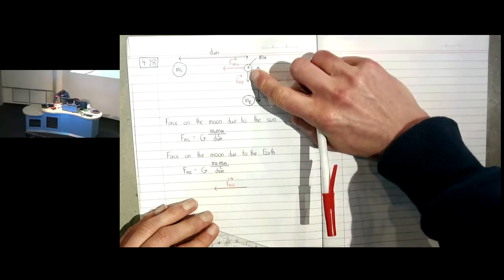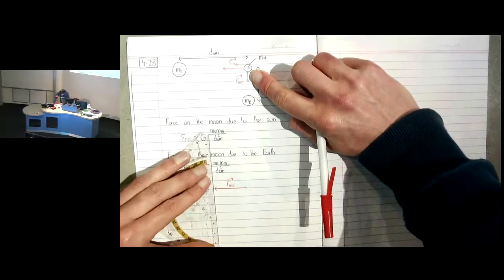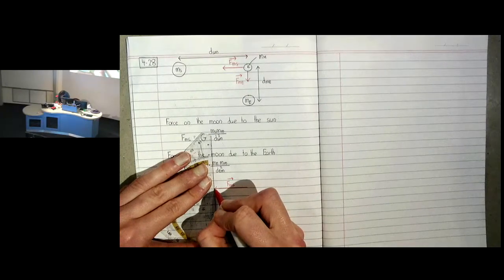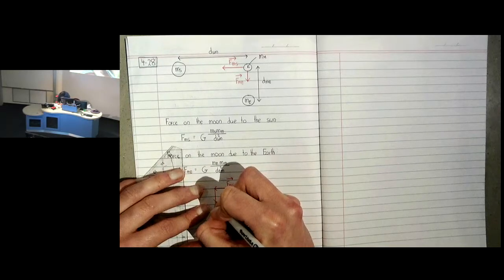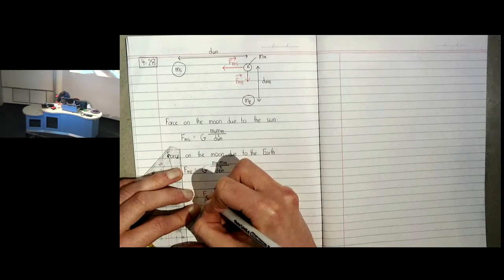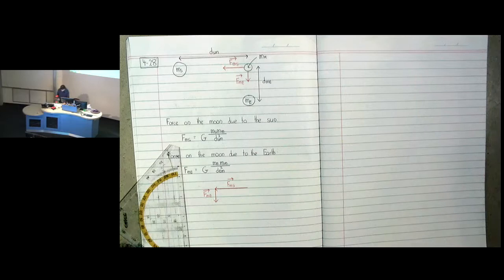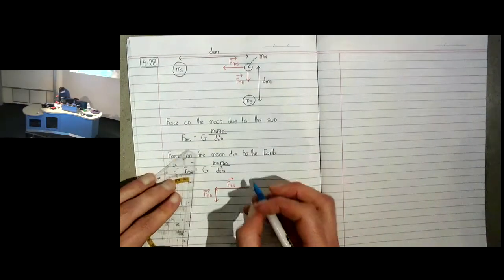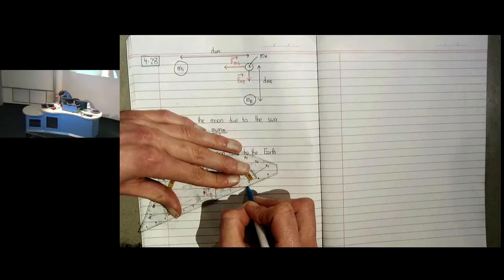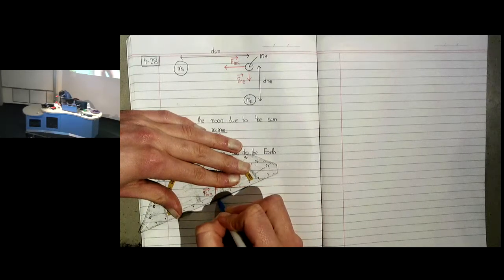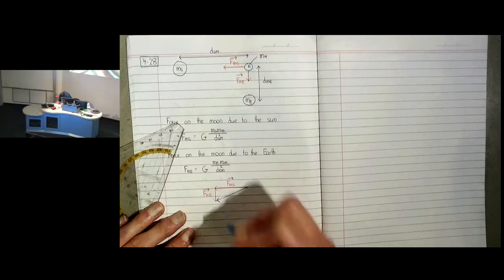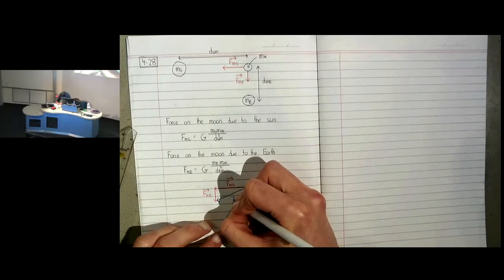Then we take the vector that we want to add to it, in this case FME, and put it so that its back end is just at the tip of FMS. So we have FME down here. And then the net force vector is just going to go from the back end of the first vector to the tip of the second one. So the net force vector in this case is going to be pointing out this way. So this is our F net over here.